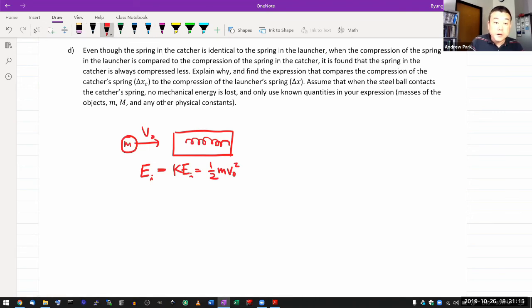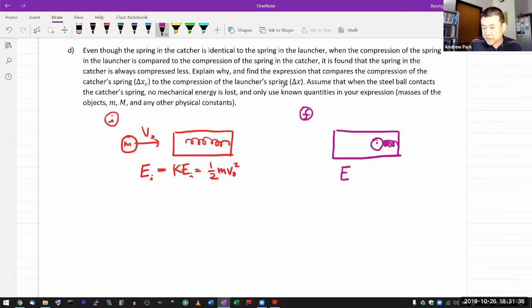So this is the initial snapshot. When you look at the final snapshot, after the ball has collided with the catcher and now the spring is compressed and the ball is caught, you write down your final energy as equal to just the potential energy, 1/2 k delta x final squared.